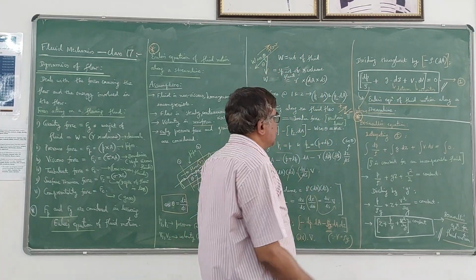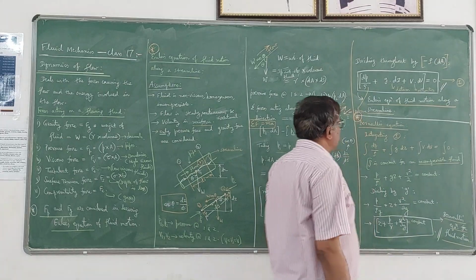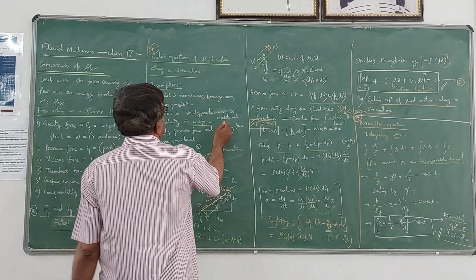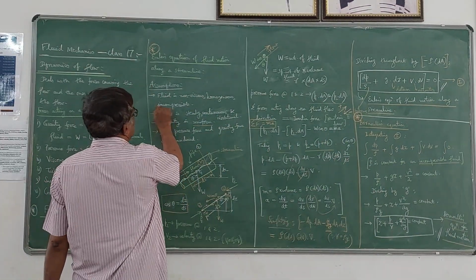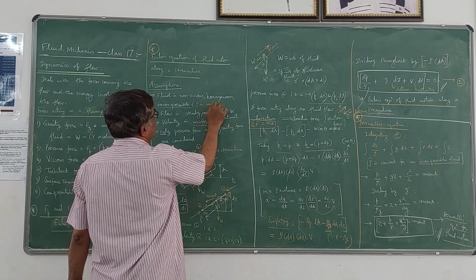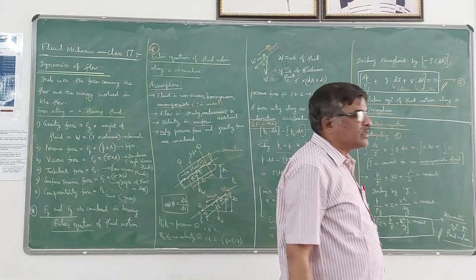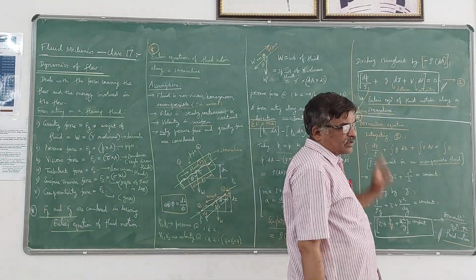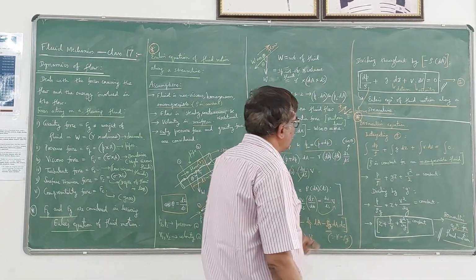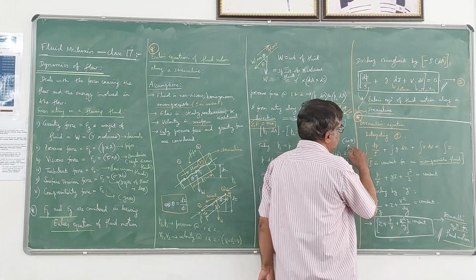When you are integrating, since rho is constant for an incompressible fluid, because the assumption is the fluid is incompressible. Incompressible means rho is constant. I have told you, so when you are integrating, you have to treat that rho as constant. Of course, g is also constant due to gravity. Now if you integrate this, 1 by rho you can take outside.